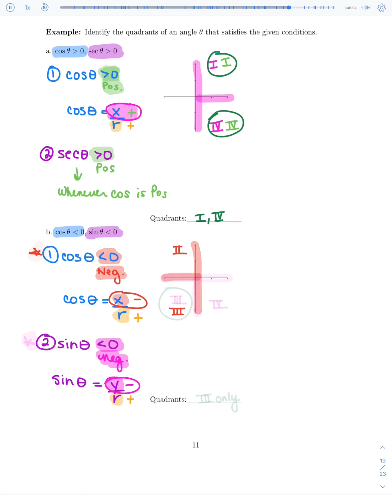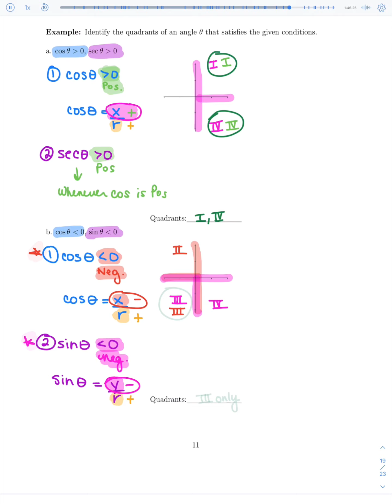So where are y values negative? Y values are negative in the bottom part of any graph, which would be anything below the x-axis. That means in quadrant 3 and quadrant 4.